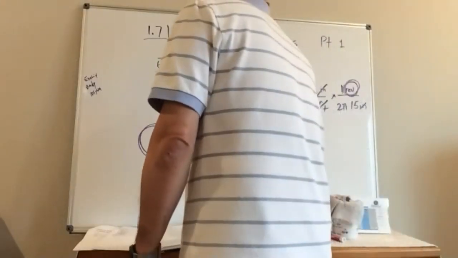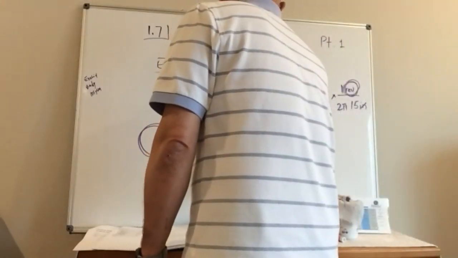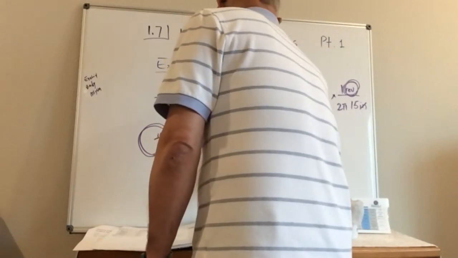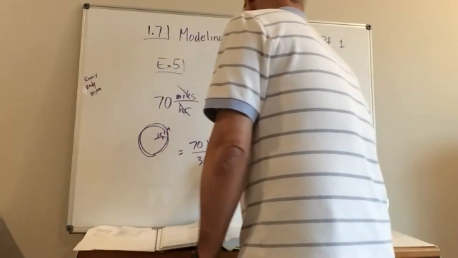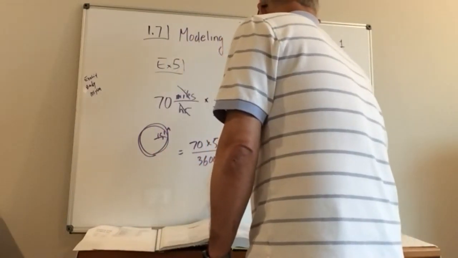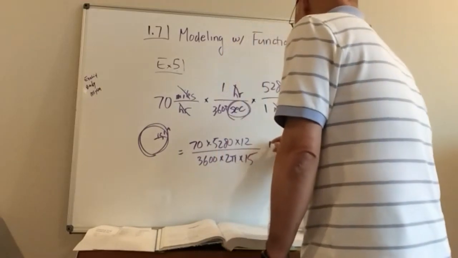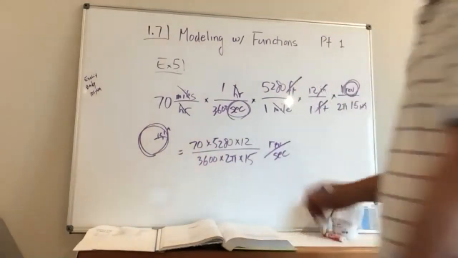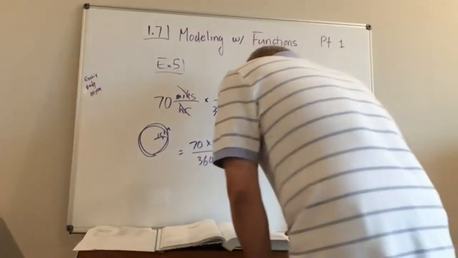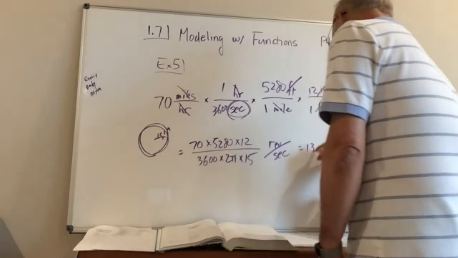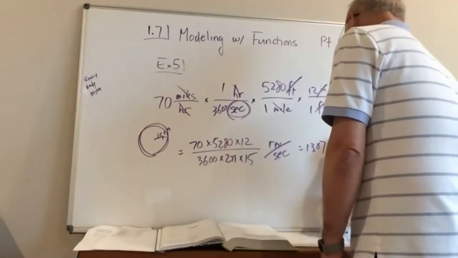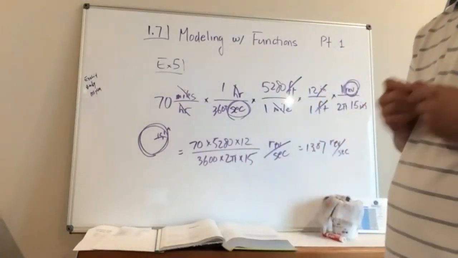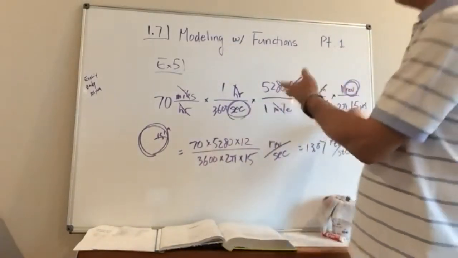It's going to equal 70 times 5280 times 12, over 3600 times 2 pi times 15 revolutions per second. And if you do the math, you end up with 13.07 revolutions per second.